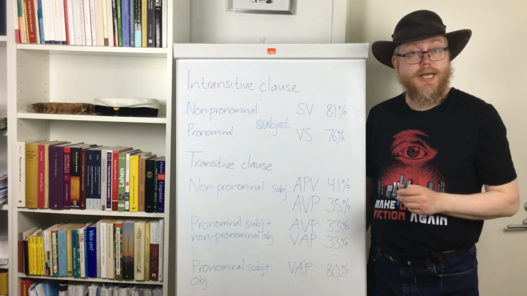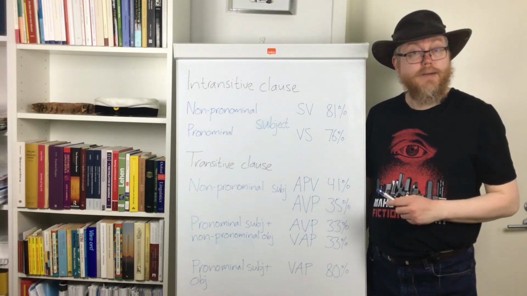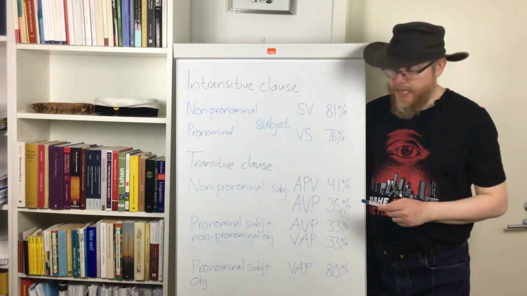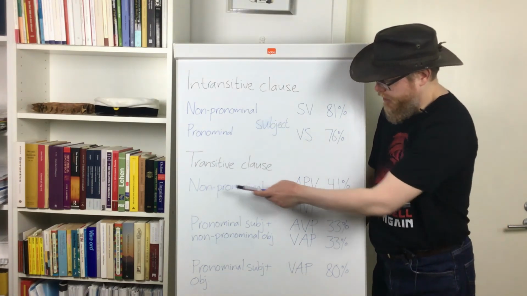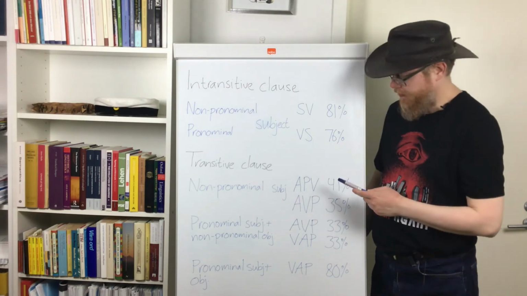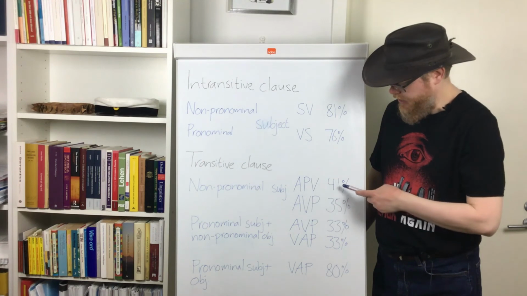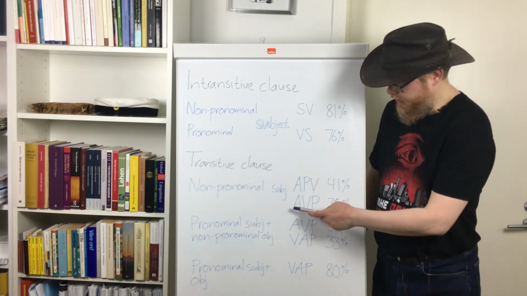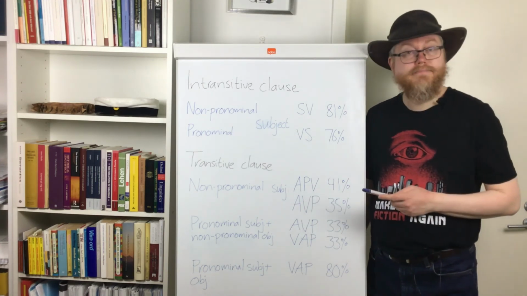But that is really the only strong tendency. There are a number of different word orders attested, and these are the most common ones. So when the subject is non-pronominal, we have subject, object, verb. That is the most common one. And after that, in second place, comes subject, verb, object.